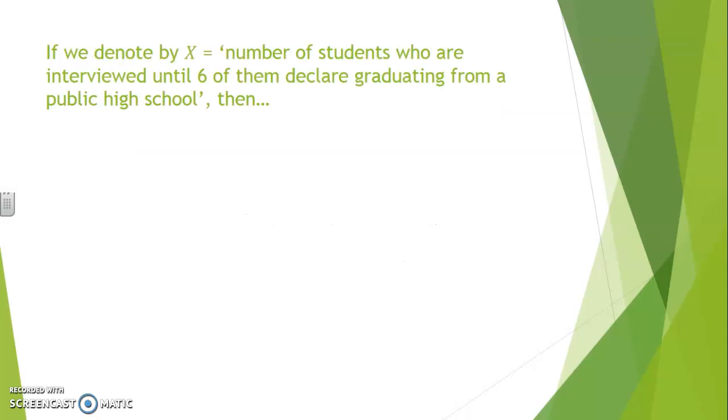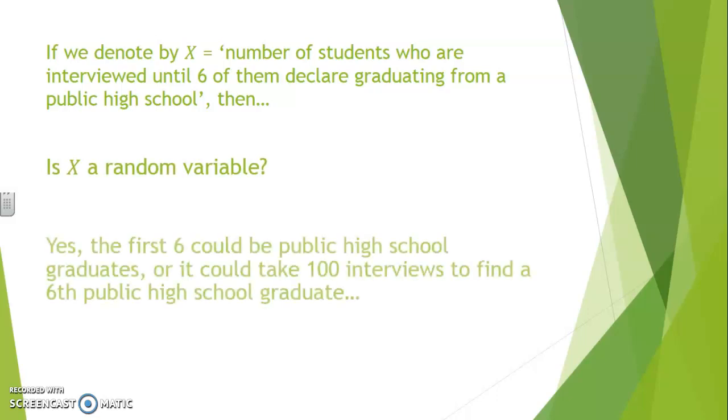Now let x represent the number of students who are interviewed until 6 of them declare graduating from a public high school. Then x is definitely random, because perhaps the first 6 that we interview do actually come from public high schools, or it may take 100 interviews before this occurs.